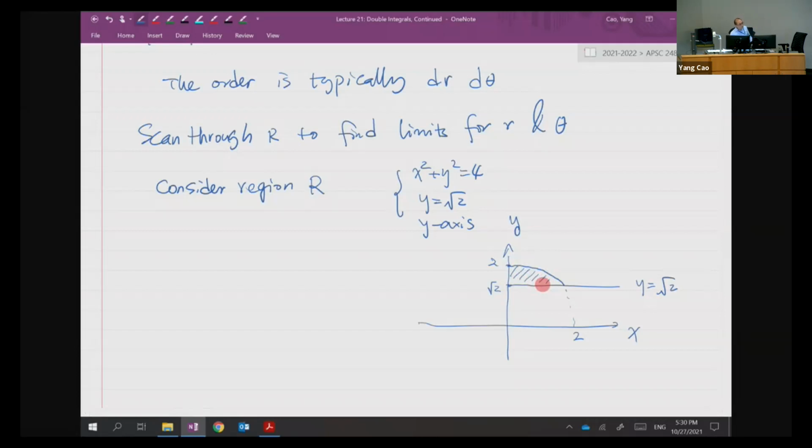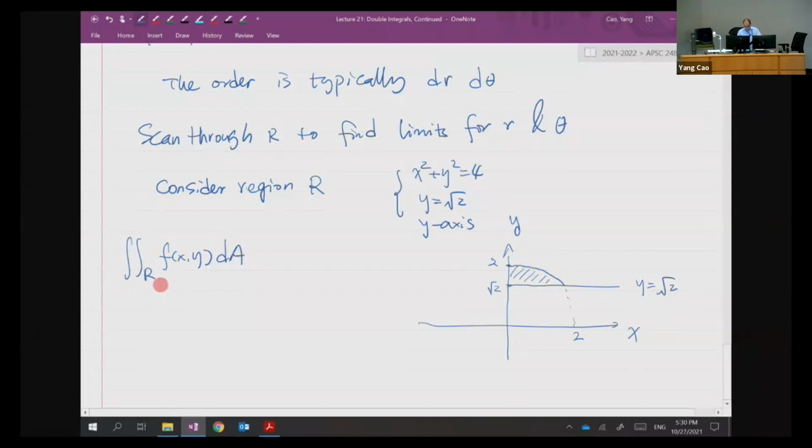Okay. So now let's look at this question. Suppose a question is given to integrate a certain function over this region R. Without specifically calculating the integration for a certain function, let's just focus on finding the limits.